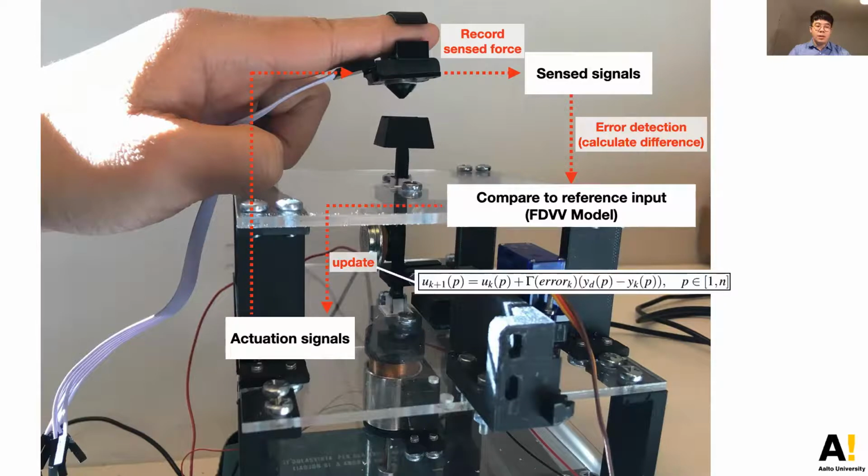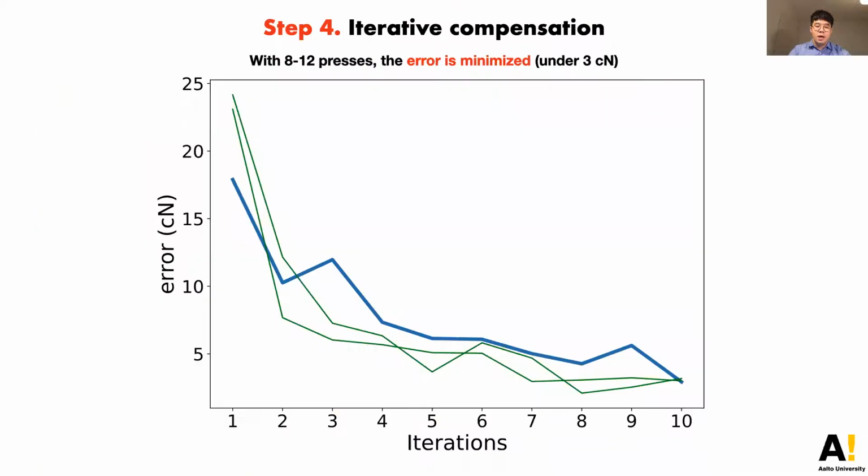Then, the microprocessor adjusted the actuation signals according to the error level, as well as the difference at each point. The error will typically become smaller and smaller throughout the iterations. Please read our paper for more details. Most of the errors will be minimized around 10 presses, which only took about 30 seconds, so this is a very simple yet effective solution.